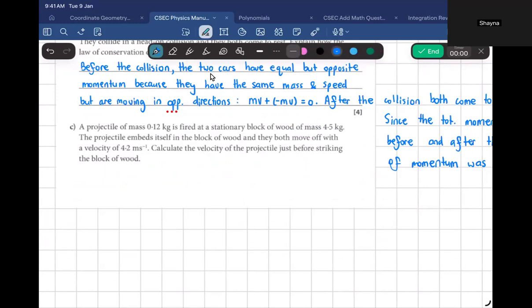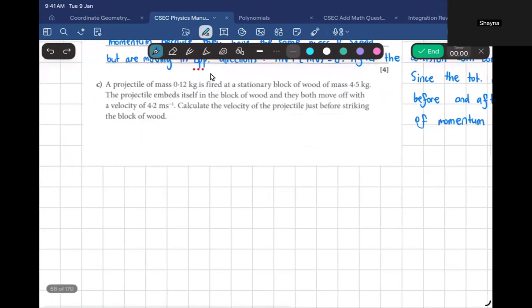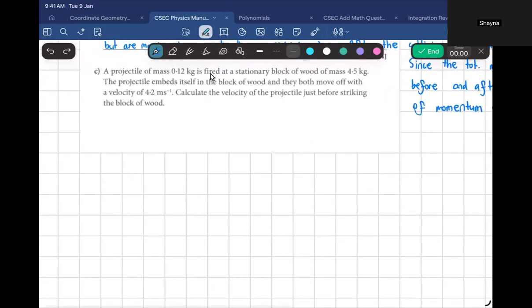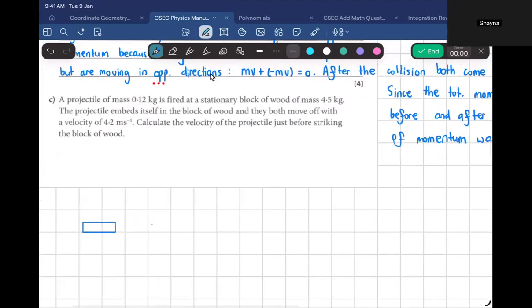Okay, we might have to do some algebraic manipulation here. So let's draw a quick diagram. We have a projectile here, and we fire this at a block of wood. And what's happening afterwards?